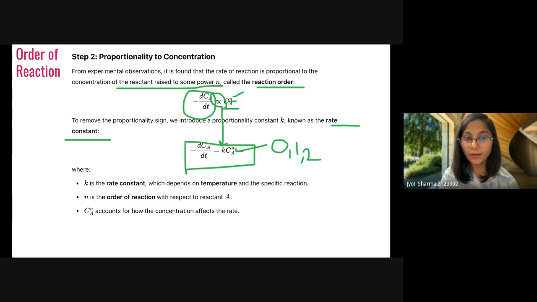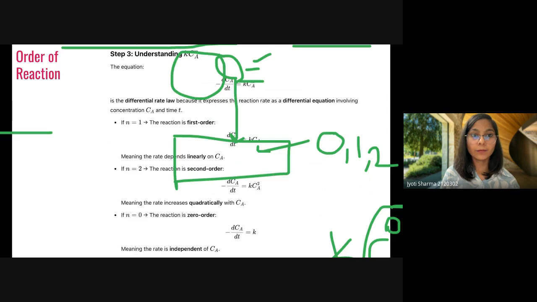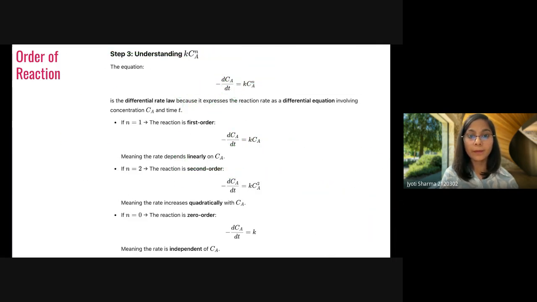So if it is a zero order, then this will be K, CA, the concentration of the reactant, raised to n, and here n is equal to 0, and we know that if something is raised to power 0, then this will be 1, right? Okay, so this we already have got.